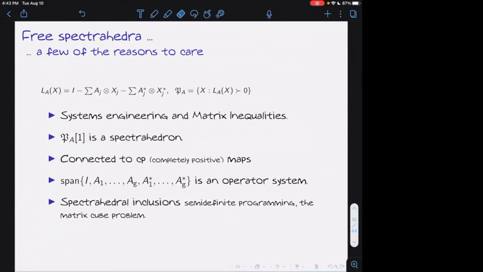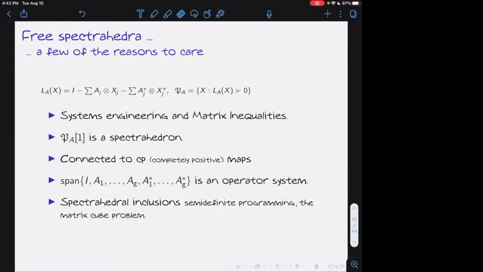And then these free spectrahedra, why you care about them is they appear at just the scalar level in engineering and control, but also at these matrix levels as well, particularly in terms of problems that are governed by a signal flow diagram. Those lead to matrix inequalities, a nonlinear generalization of linear matrix inequalities.